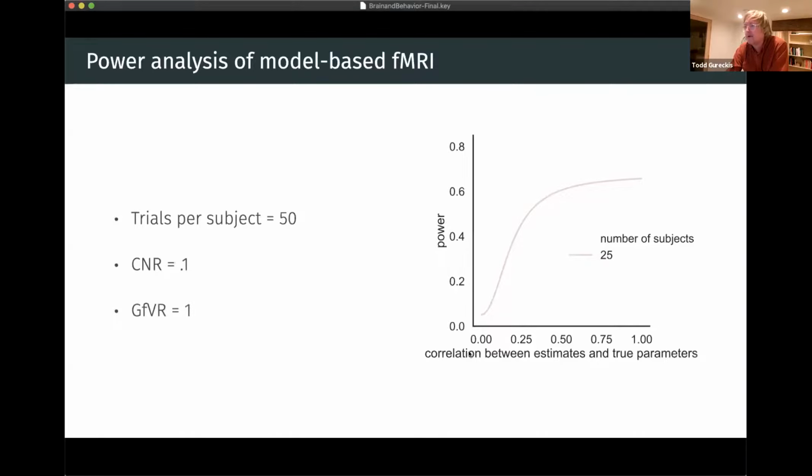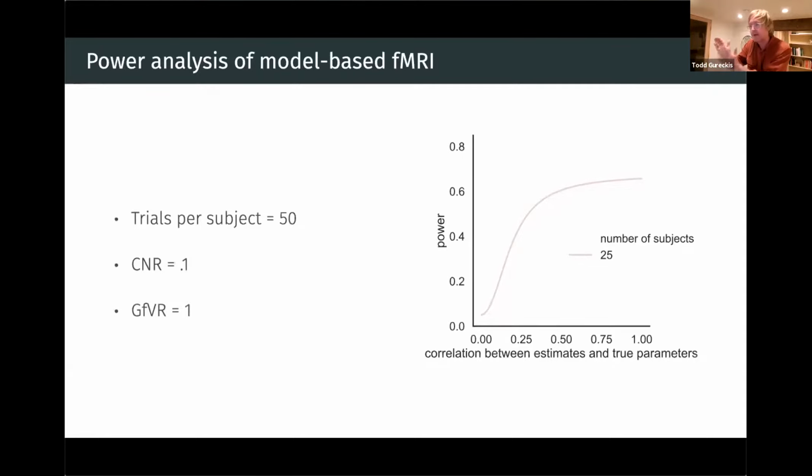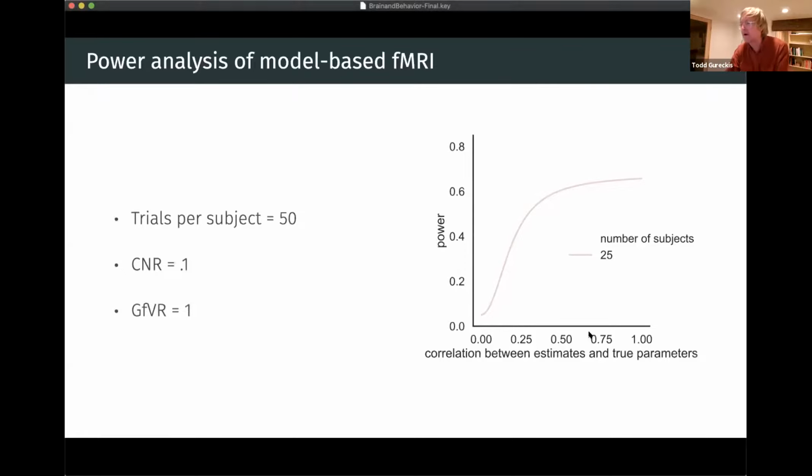So on the x-axis is the correlation between the estimates and the true parameters. So you estimated prediction error. How close is that prediction error to the true prediction error? It could be 0 correlation or it could be 100% correlated, right? So we'll range along this scale here. And this is the group level stat power associated with running 25 fMRI subjects.